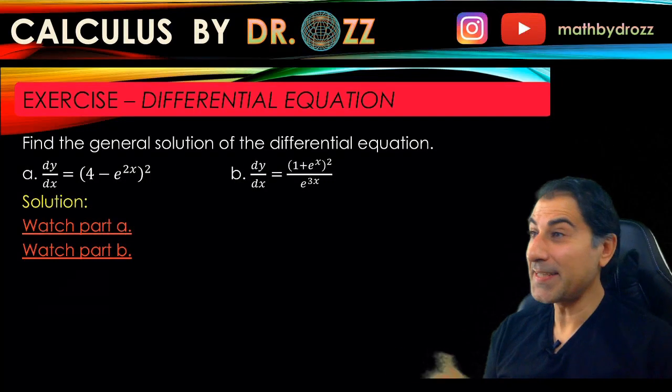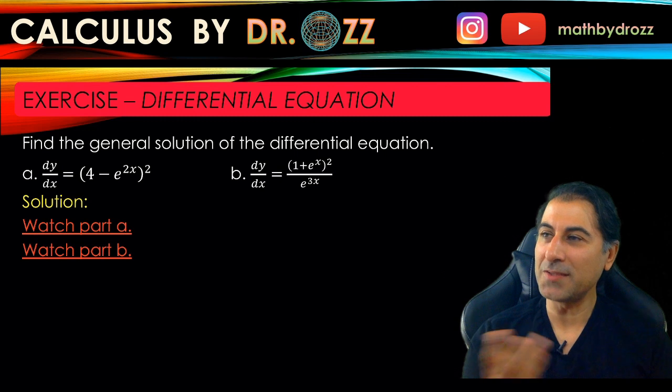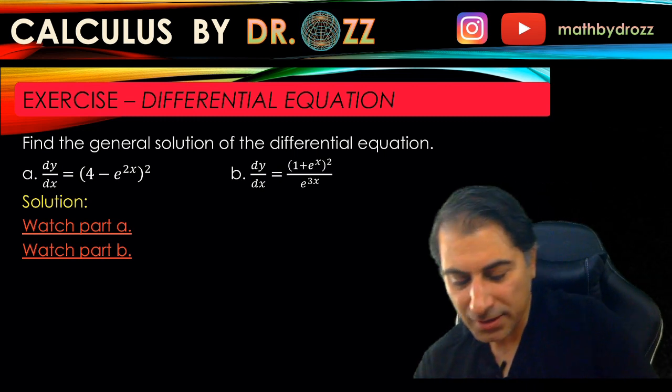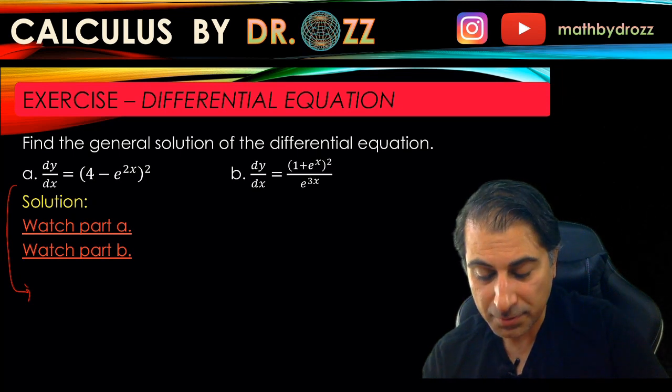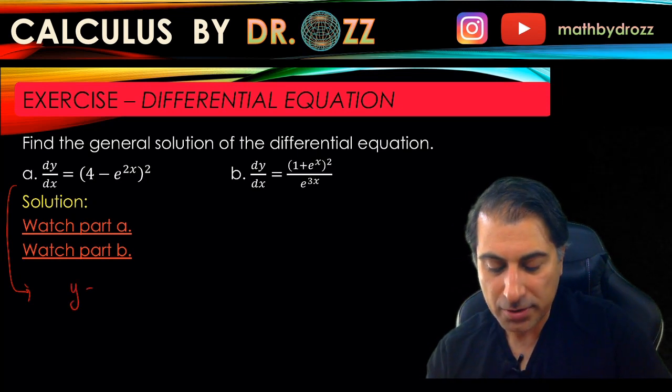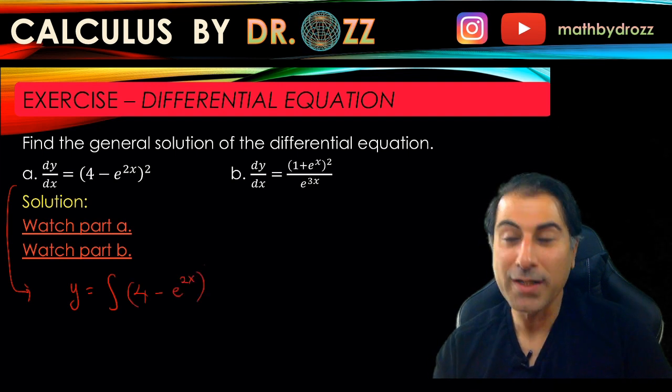All right, the next exercise in the list is solving differential equations. We have seen that in Calc 1. Essentially, solving a differential equation means finding the integral of this term. Essentially, y here is the integral of (4 minus 2x) squared dx.